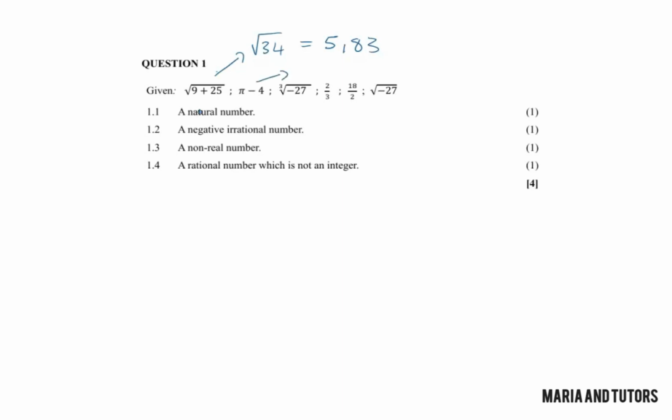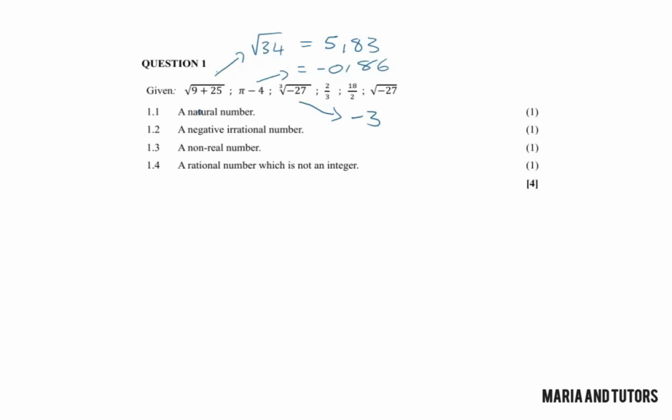Let's simplify pi minus 4. Pi minus 4 is equal to negative 0.86, rounded off to 2 decimal places. Okay, the cube root of negative 27 is equal to negative 3.